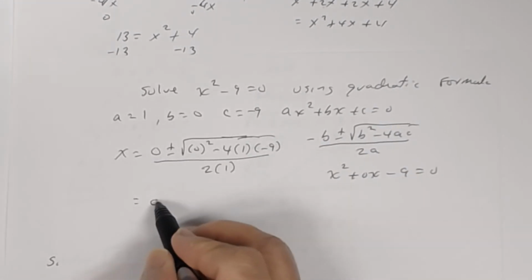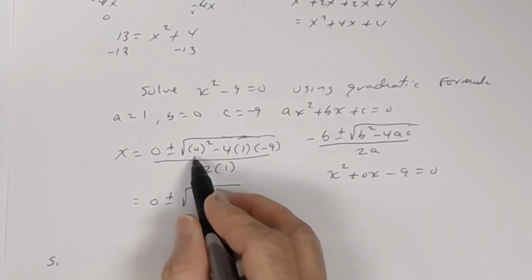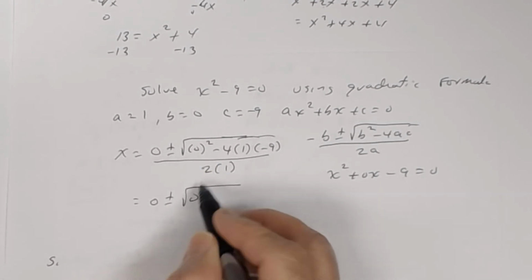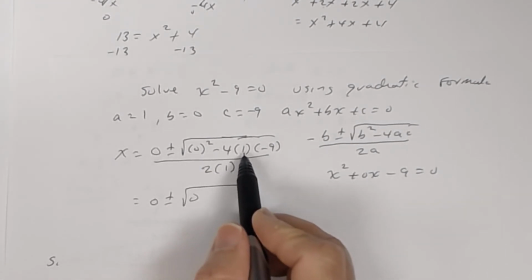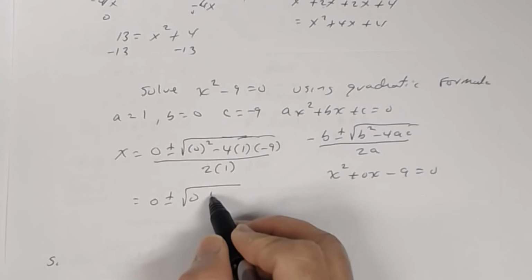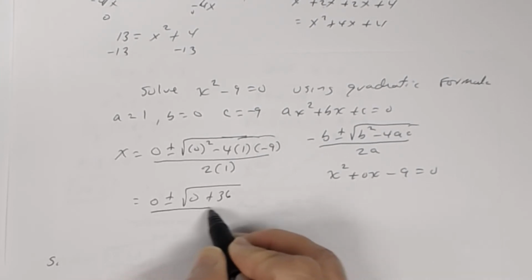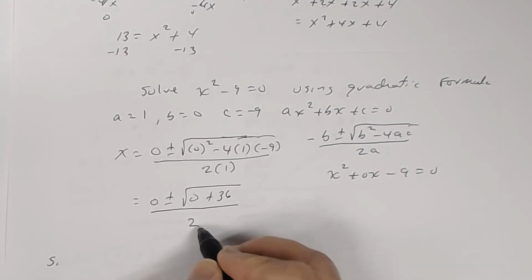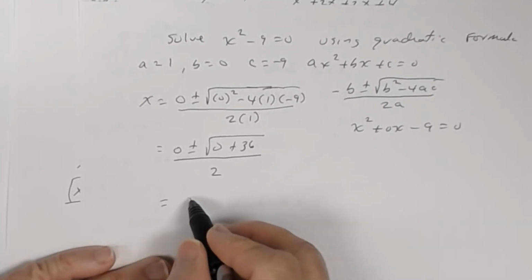And so then this becomes 0, plus or minus the square root of 0 times itself, which is 0. Now a negative 4 times 1 times a negative 9 is a positive 36, all divided by 2 times 1, which is 2.